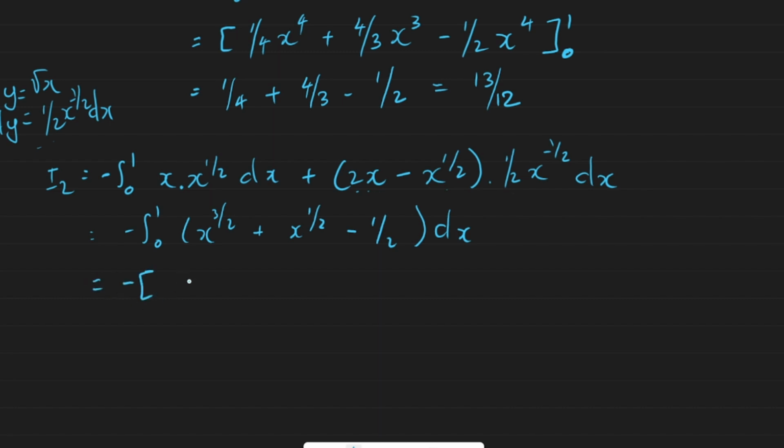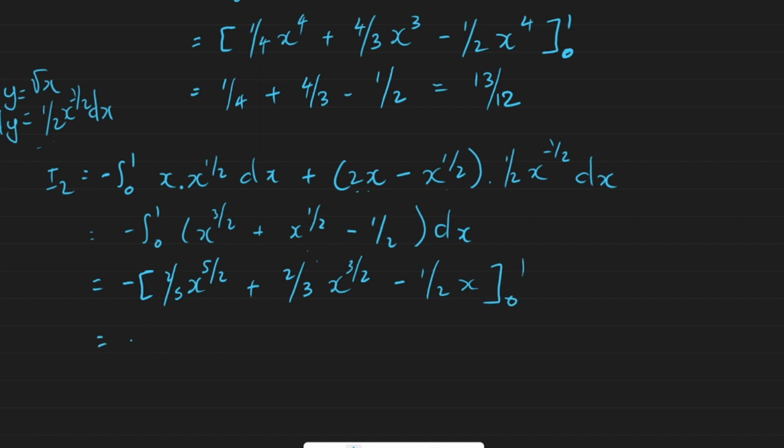So that's minus, and the integral of x to the power 3 over 2 is x to the power 5 over 2 times 2 over 5. Then plus 2 over 3 times x to the power 3 over 2. That's the integral of the second term. And the last term is just a half x minus a half x, integrated from 0 to 1.